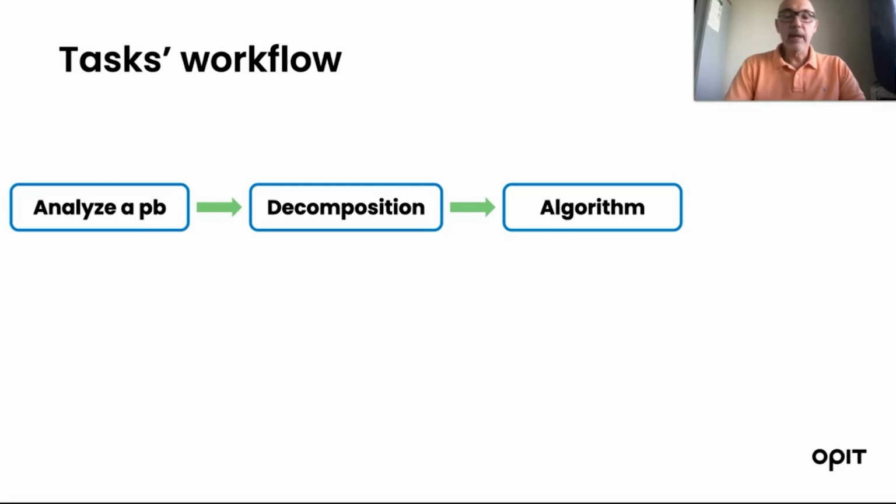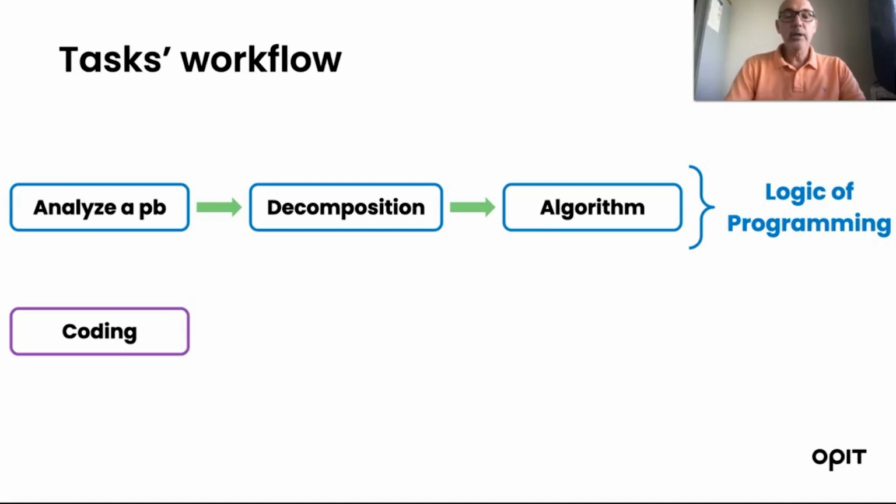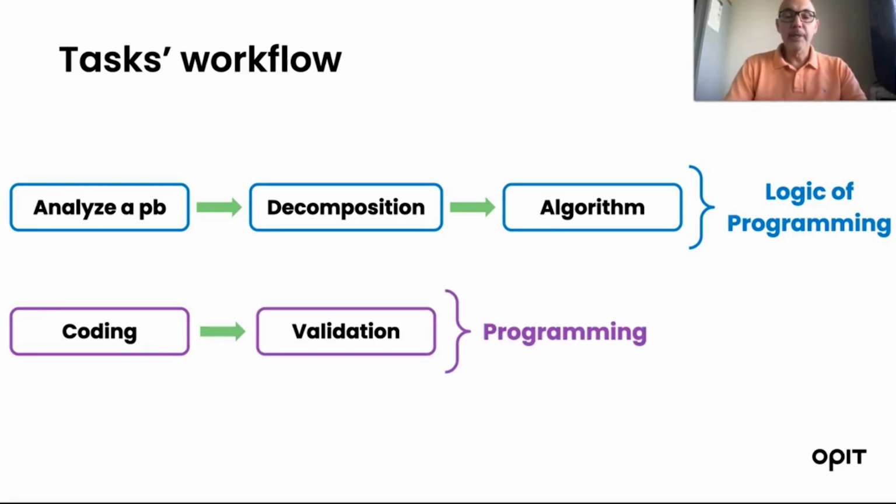These three tasks are put within what we call the logic of programming. It's not yet the programming step, but it's the logic of programming. Then we jump to the next big step, which is coding or programming, finally validating the whole program. These two steps are put within the programming side.